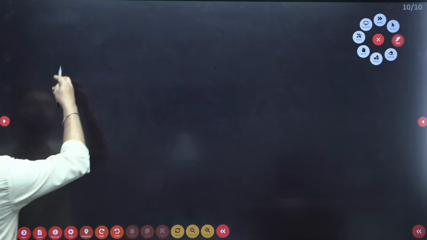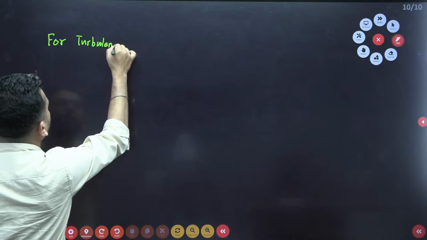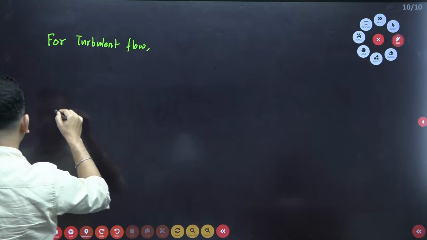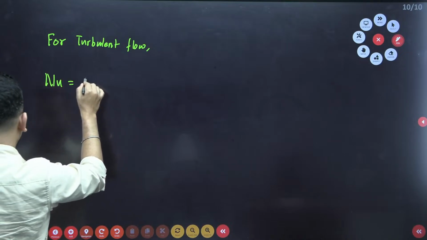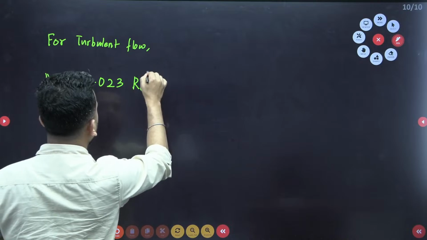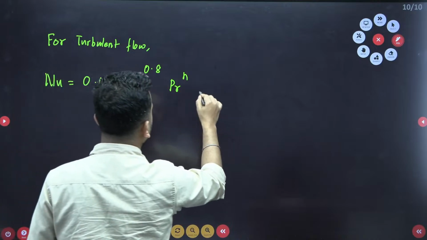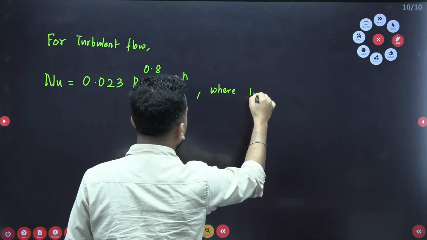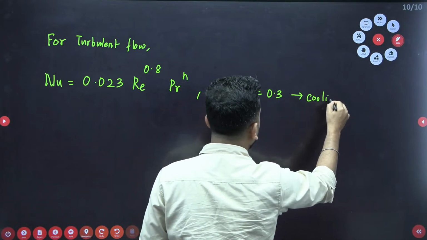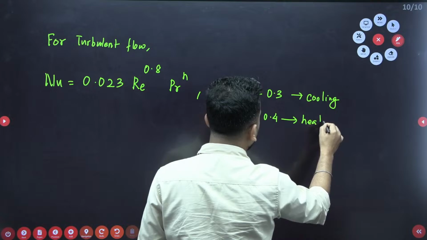Now for turbulent flow, there is an equation that I am writing, and please note it down. Nu = 0.023 Reynolds number to the power 0.8 Prandtl number to the power n, where n is equal to 0.3 for cooling and n is equal to 0.4 for heating.